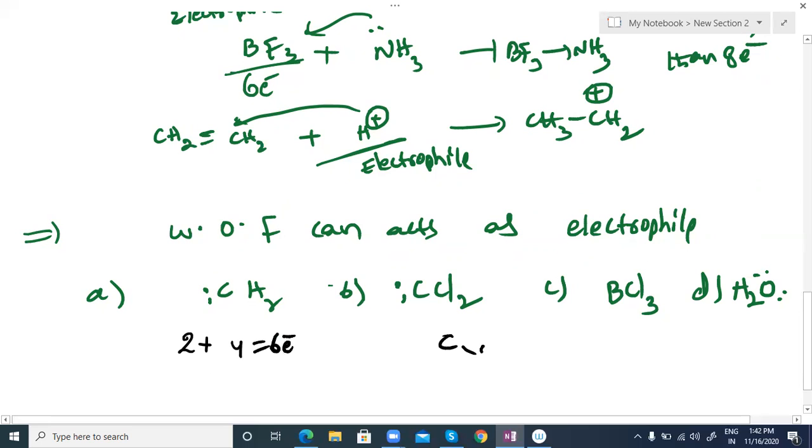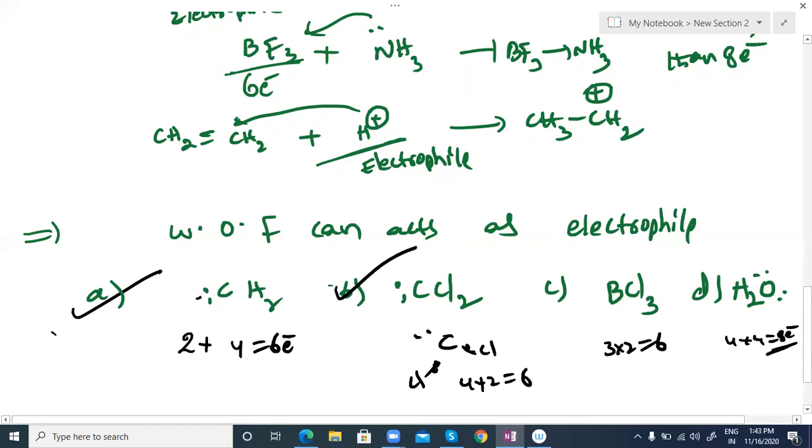Similarly here, Cl, Cl and a dot: 2 bonds is 4 electrons, plus 2, 6 electrons. BCl3, 3 bonds means 3 into 2 electrons, so 6 electrons. But here they have 8 electrons, 2 bonds, 4 plus 4, 8 electrons. So this is not deficient. So these three we call electrophiles.